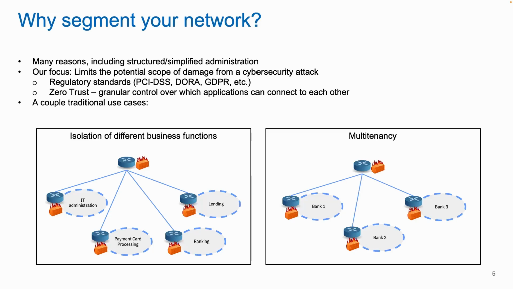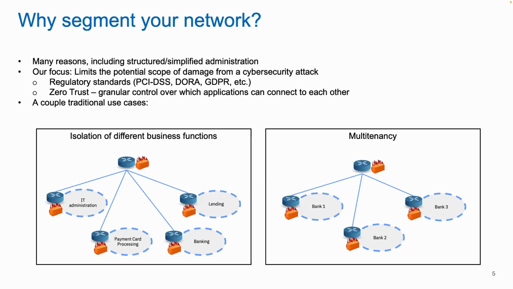From these examples here, if something happens in bank 1 on the right, and you have the correct network segmentation in play, you can basically prevent that attack from bleeding into bank 2 or bank 3's network as well. It also improves the security posture. That means it allows for more granular security policies and controls.